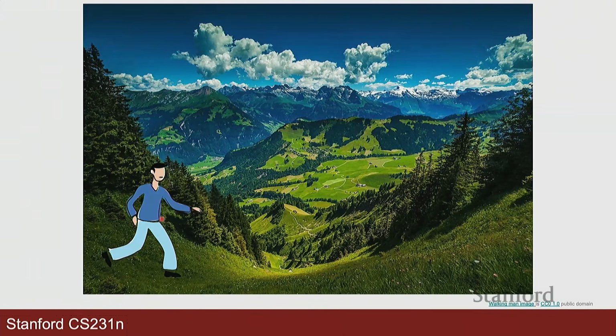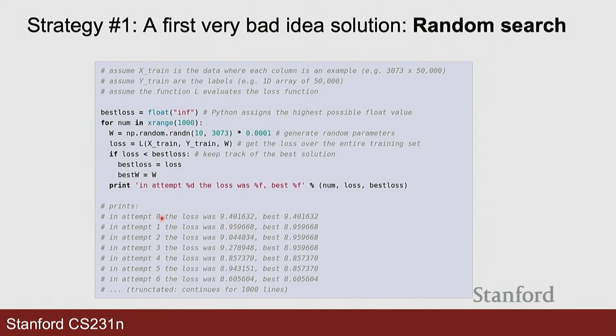So how can you find the best point? We could go with a really simple idea, which is maybe a really bad idea, but it could work. Here it's basically a for loop where we try 1,000 different values of W randomly and just choose the best one. Obviously it's not very mathematically rigorous, but you will do better than a random baseline, and if you had nothing else to go for, maybe this isn't so bad.